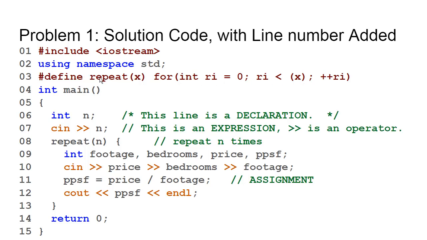So we're defining a macro repeat, and there's an argument here. And what happens is when the preprocessor sees repeat n in line 8, because the repeat and repeat match, it will use the rest of line 3, starting with the for, to replace this repeat. At the same time, it will use n to replace any occurrence of x in this part.